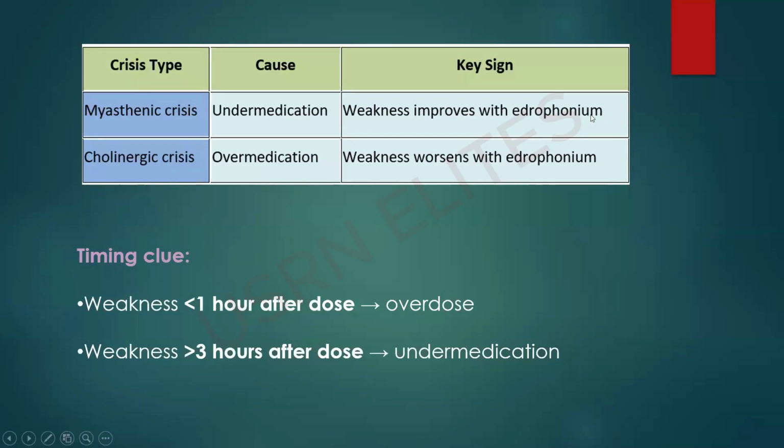Acetylcholine at the neuromuscular junction. In myasthenia crisis, your muscles are already weak, so when you give edrophonium, your weakness will improve and you get strength in that muscle. Do you understand that part?